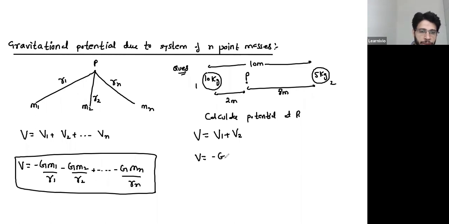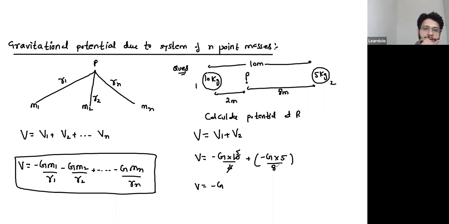Due to the first mass, potential is minus G, its mass is 10 kg, r is 2 meter. Plus minus G, mass is 5 kg, separation is 8 meter. So you can take minus G as common, or I can solve it. 10 fives are 5 by 8, if I cancel this.